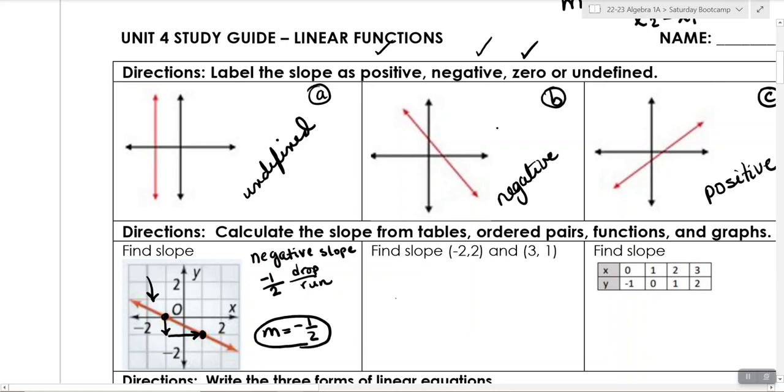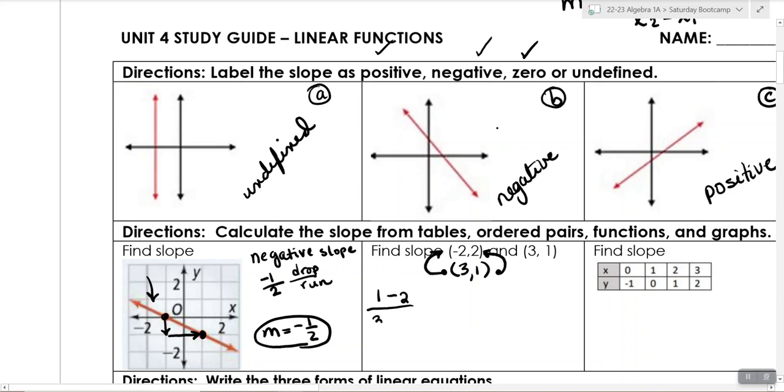Now, if I give you 2 points, for this one, you do have to use the formula that we wrote at the top. What I would do is I would stack the points to make it a little bit easier. So we got to subtract the y's. So I'm going to start with the 1, and I'm going to subtract 2. Then I'm going to start with the 3, and I'm going to subtract that -2.